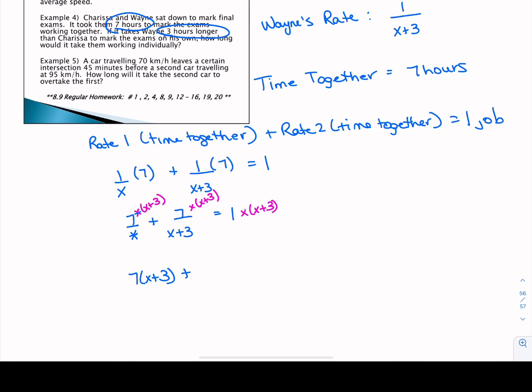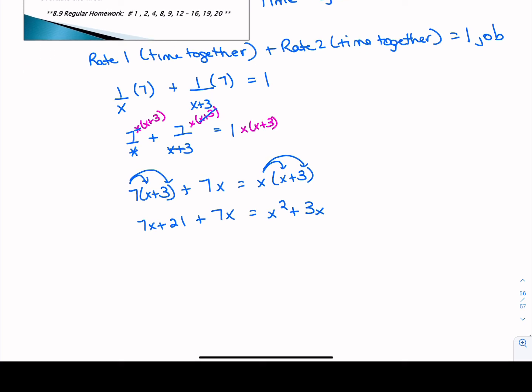Then we've got plus, the x plus 3's canceling, so we have 7 times x. And on the right, we have x times x plus 3. So if we open up the brackets, 7 times x and 7 times 3 give us 7x plus 21. And we're going to add 7x, and that's going to be equivalent to x times x and x times 3. So x squared plus x times 3 is 3x.